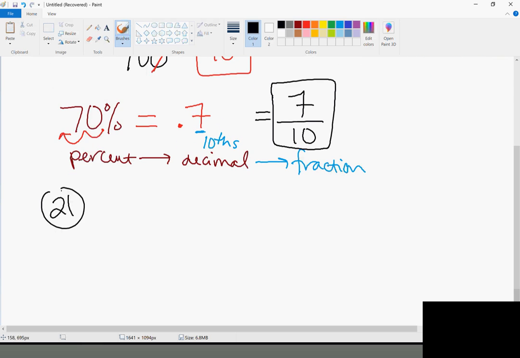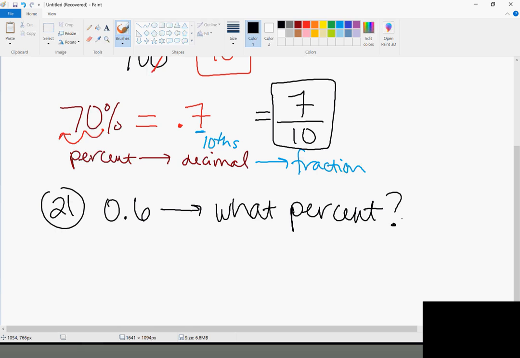So 21 says that 0.6 is equal to what percent? So now we want to go from decimal to percent. So you move 2 places to the right. 1, 2.